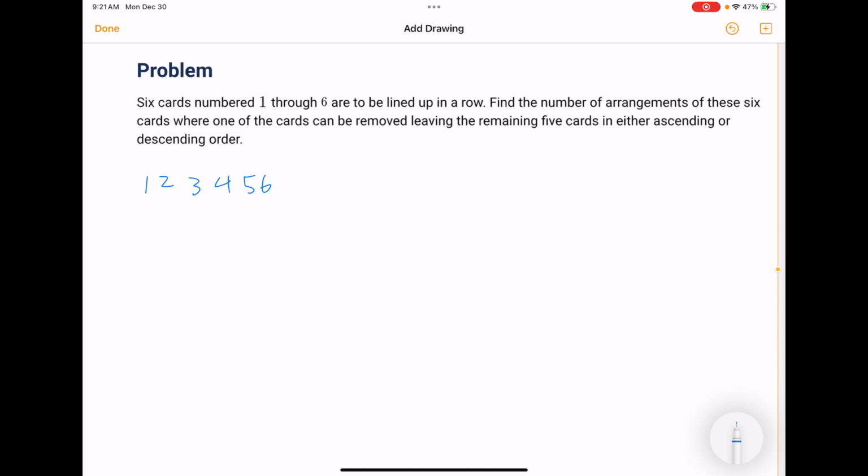Well, we see that we can take each number in these 6 numbers. I'm just going to start with 2. 2 can have 6 different places. It can be where it is right now. It can be in the place of 1.